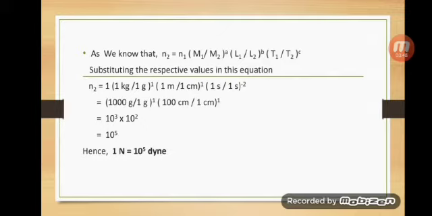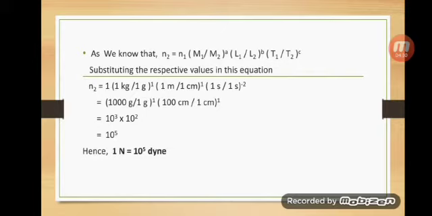Now we will substitute the values of M1, L1, T1, M2, L2, T2, N1 in the given expression. What we get? N2 is equal to (1 kg upon 1 gram) to the power 1, because the value of A is 1. (1 meter by 1 centimeter) to the power 1, because the value of B is 1.